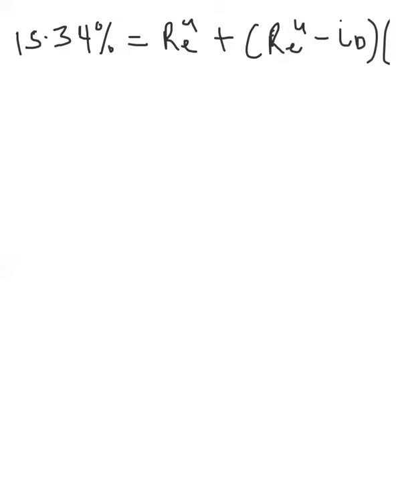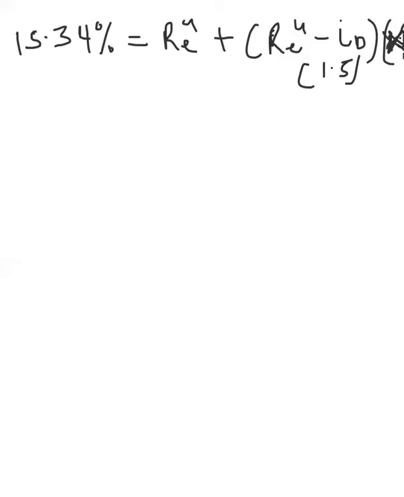So we know that 15.34% is equal to REU plus REU minus ID, multiplied by the debt to equity ratio, which is 1.5, which we've written already. So I'll make this 1 times.